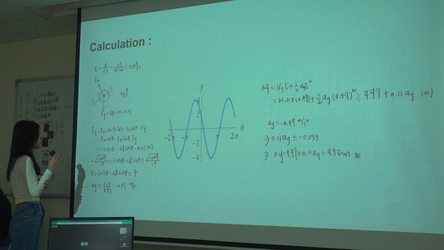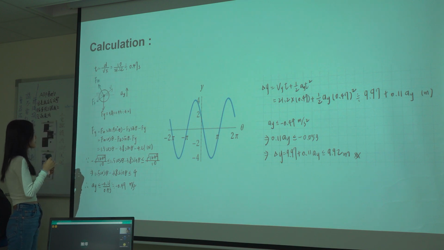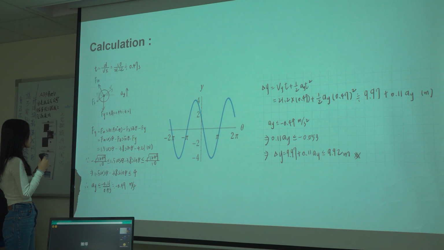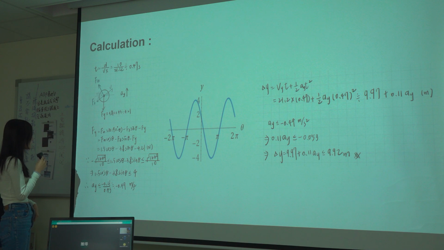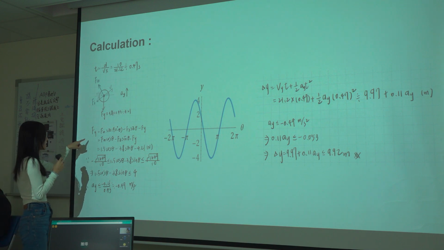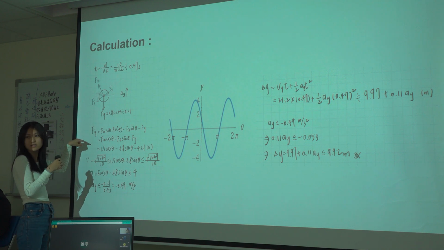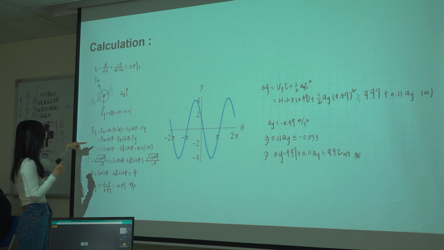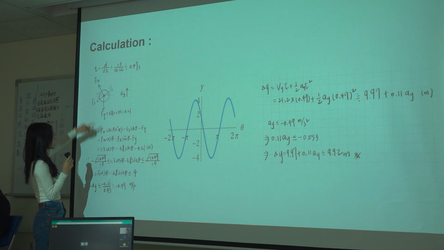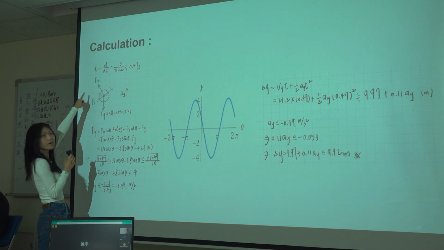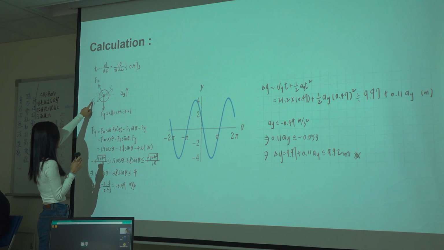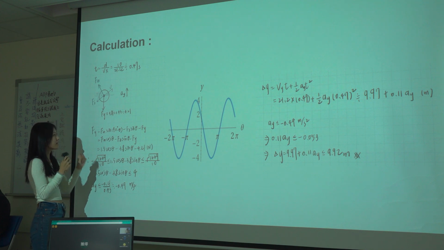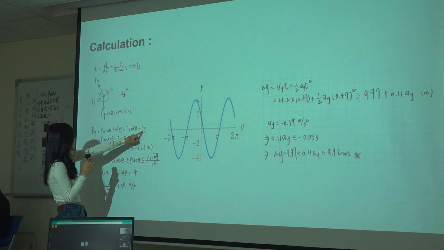Fg will be downward. So we can calculate Fy, all the force on the y-axis, by taking Fm times cosine theta, minus Fd times sine theta, and minus Fg.